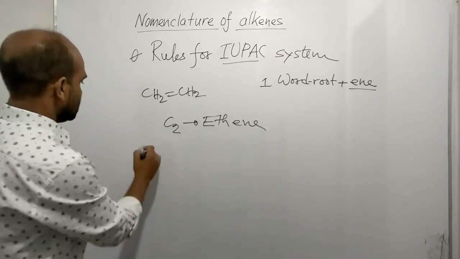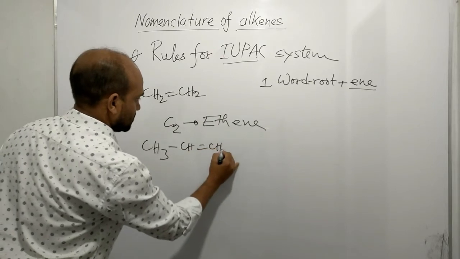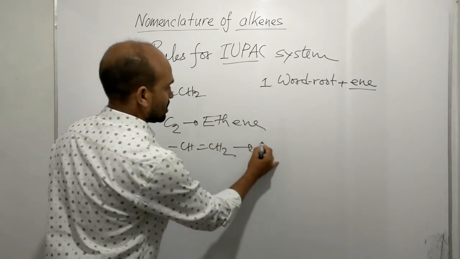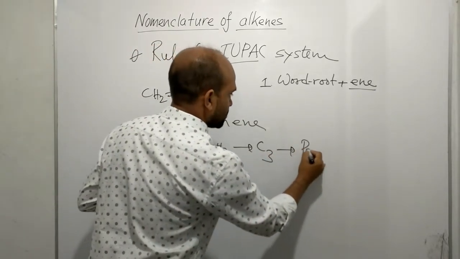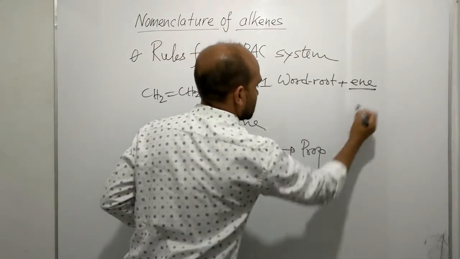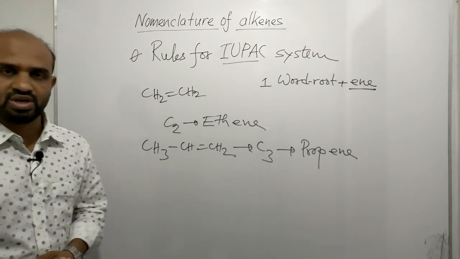Another compound, let's see. It's a kind of alkene. Here there are 3 carbon atoms. So what is the word root? Prop. And what is the suffix here? Ene. So its name will be propene.